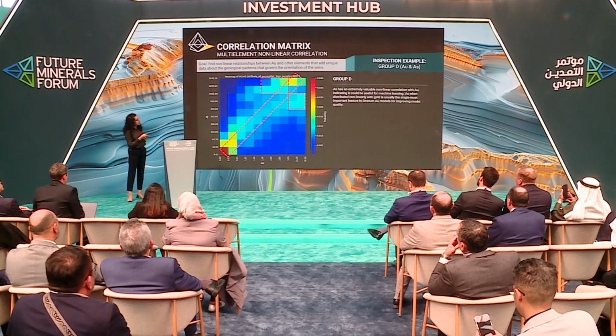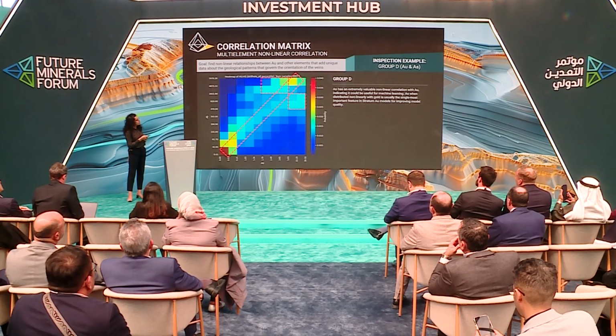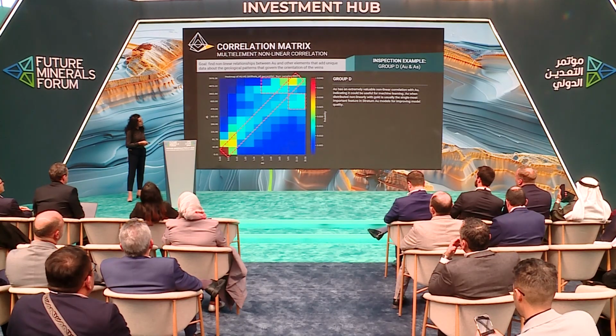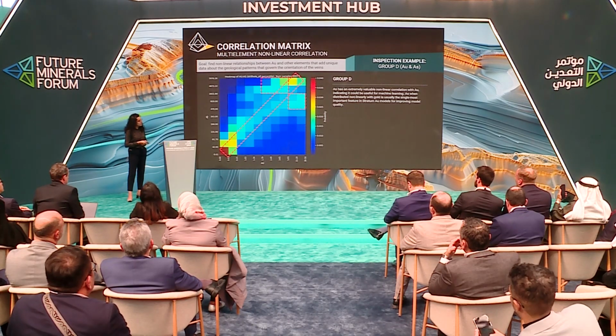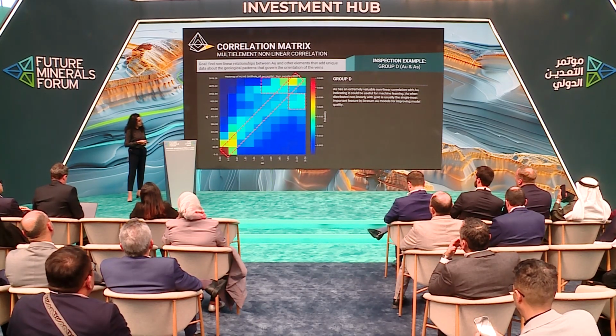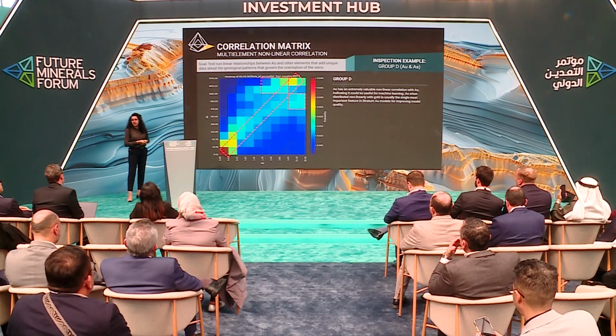So you'll notice here, there's a nonlinear correlation of arsenic to gold, so high arsenic and high gold content. That's pretty standard, but you'll notice that what we're looking for is actually these values. If we're looking for the specific values and where that range actually lies, that is useful information as a pathfinder.